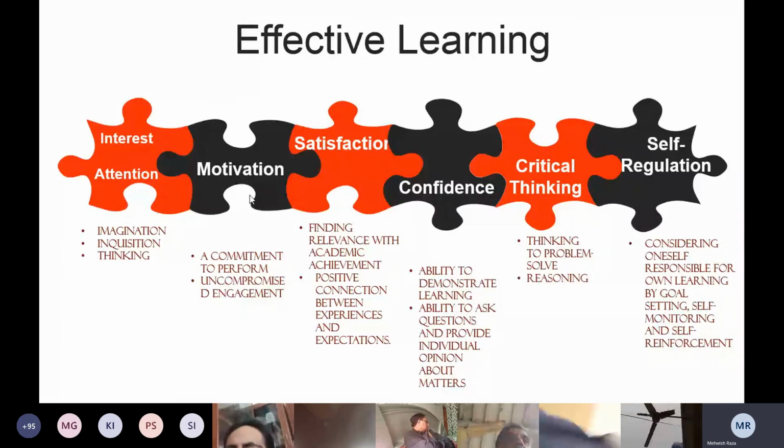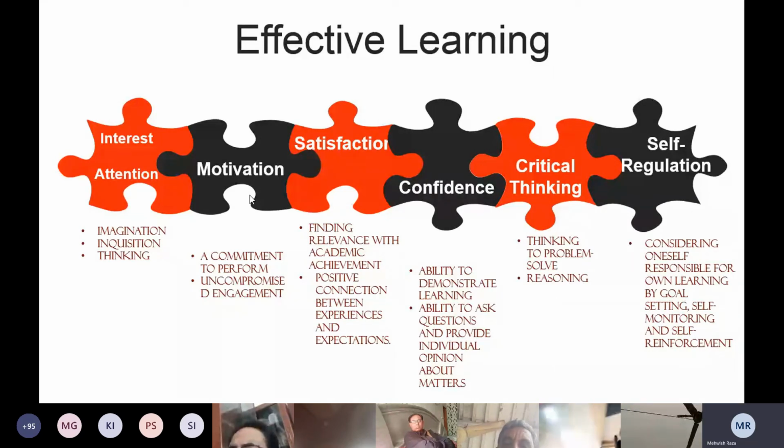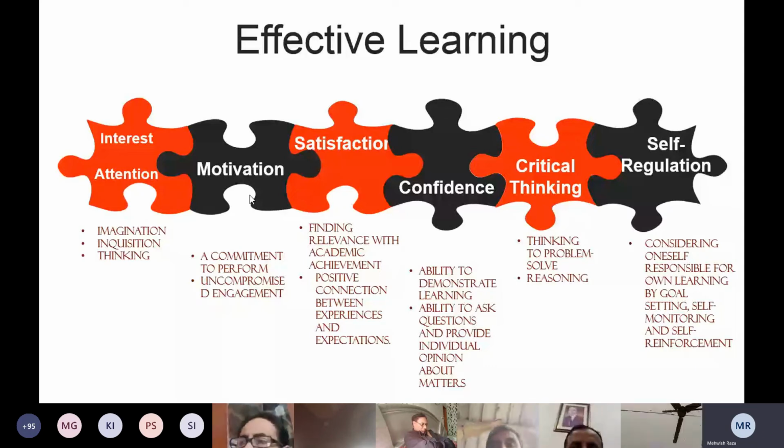Of course, you're providing them the learning experiences, but yet again, you're giving them an opportunity to become a partner in learning. So all of these six characteristics, if you promote these through your teaching, you are likely to achieve effective learning. You are likely to maximize the learning outcomes among students, and you're likely to achieve better learning outcomes for your course.